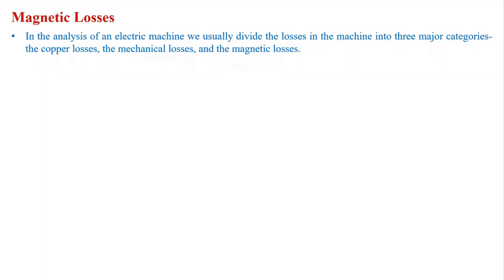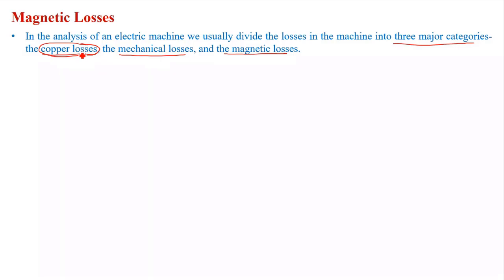Usually the losses are divided into three major categories: copper loss, mechanical loss, and magnetic loss. Copper loss is the loss that happens because of the flow of current in the winding or coil.